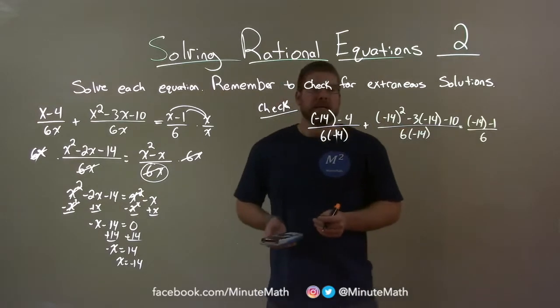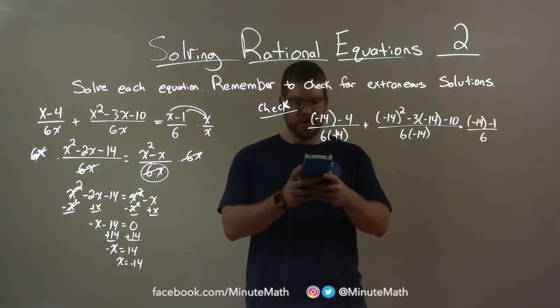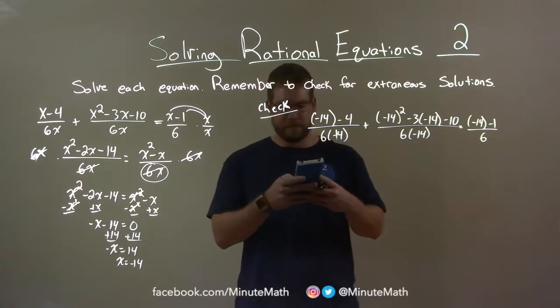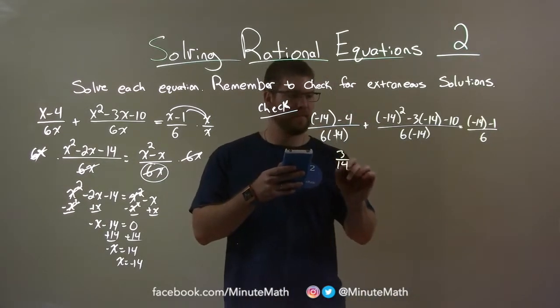So let's simplify. Let's get this part here. Negative 14 minus 4 divided by 6 times the negative 14, and this as a fraction is 3 over 14.